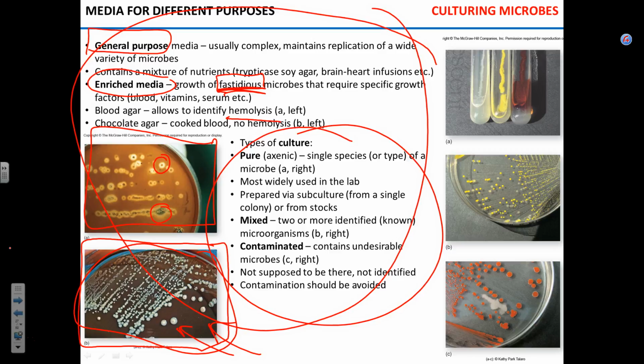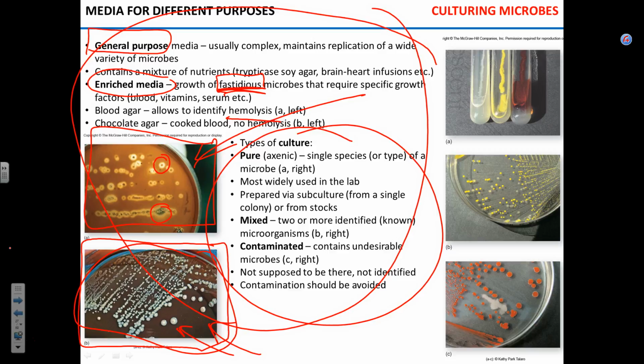Okay? So by putting these microbes on the blood agar, we can see whether they can destroy red blood cells or whether they can't. Is that clear?